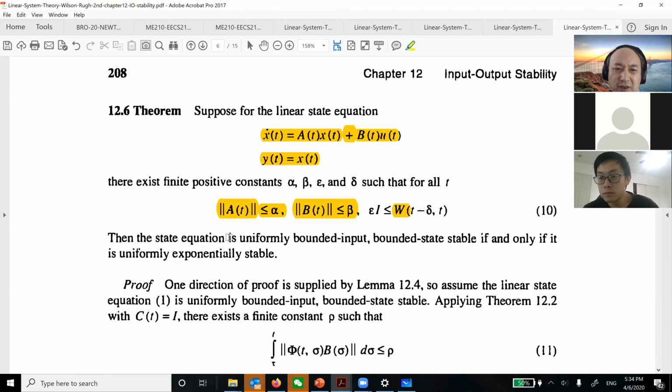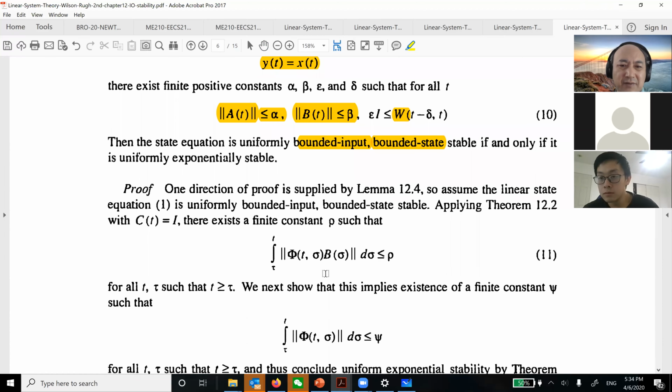The state equation is uniformly bounded input, bounded state stable if and only if it is uniformly exponentially stable. So in this case, they are only talking about the state. C is an identity matrix, and y is the same as x. So it's called BIBS, bounded input, bounded state stable. When we talk about BIBO, we need to have another C matrix.